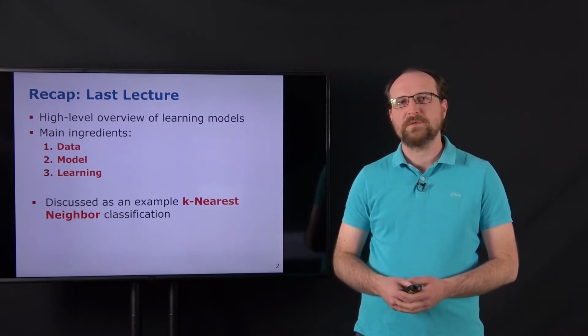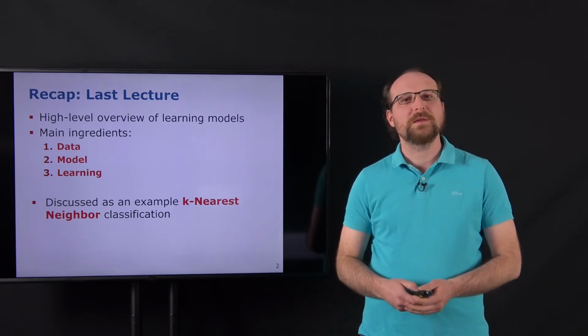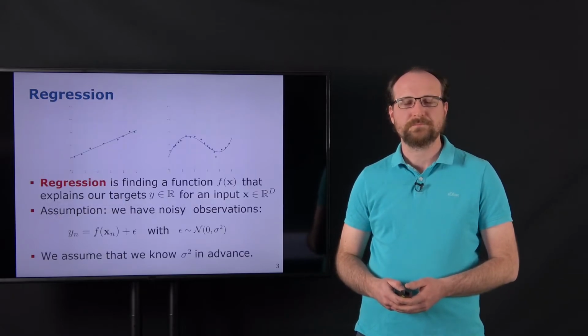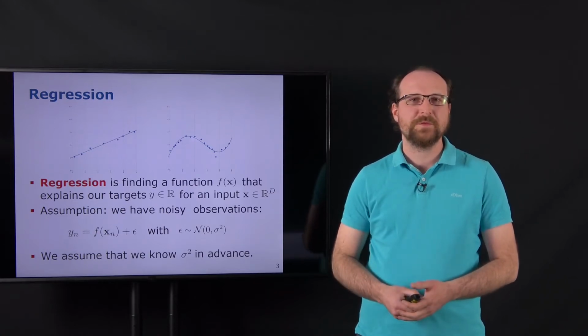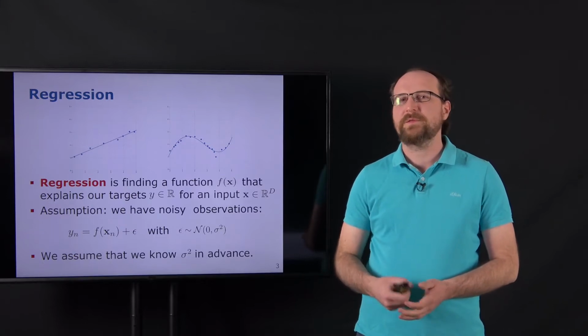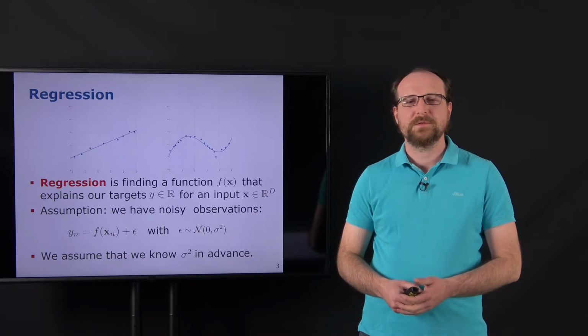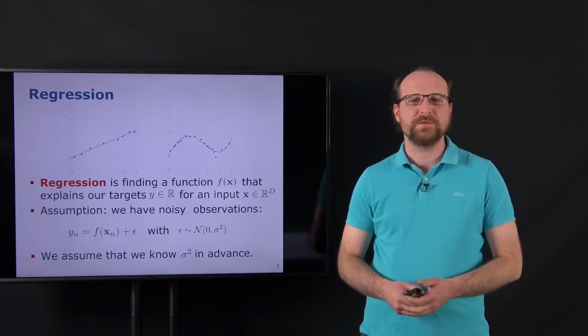In the introduction lecture we also had a very simple example of a machine learning algorithm that does classification, in this case the k-nearest neighbor classifier. But in this lecture we will now focus more on the regression part. As you might remember from the first lecture, regression deals with finding a function f of x of a feature vector x that explains our targets y, which are now continuous values.